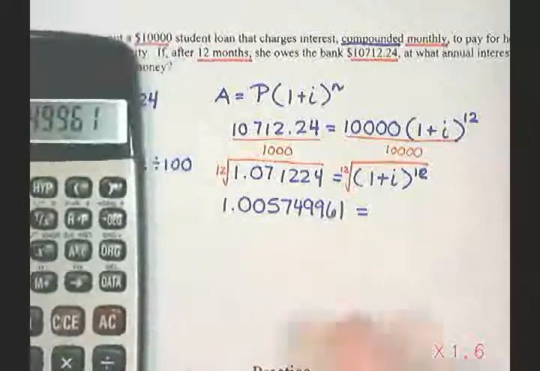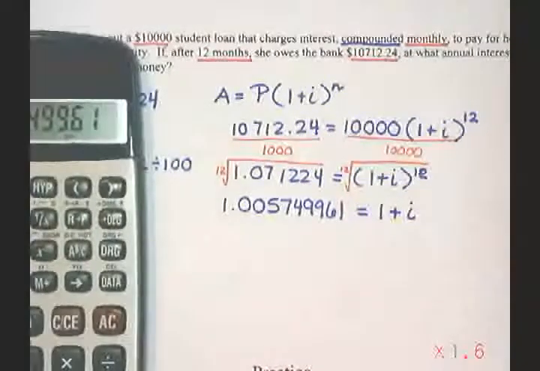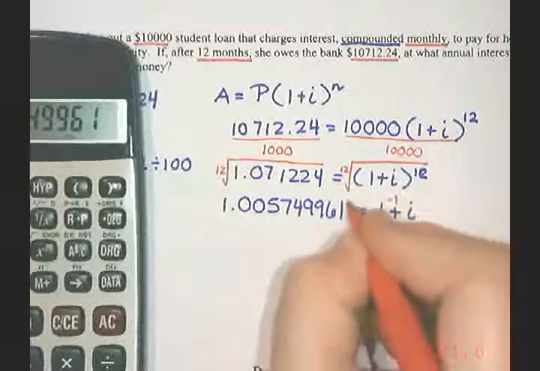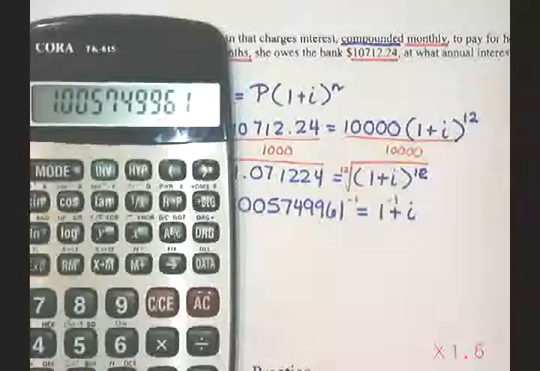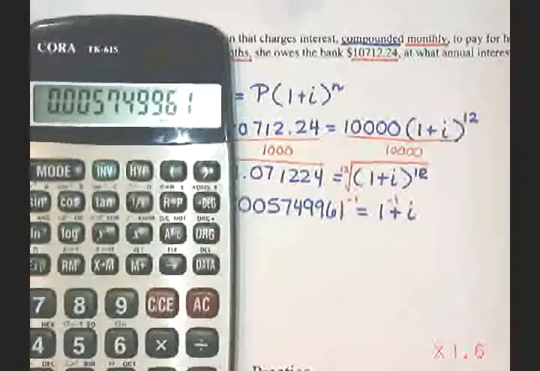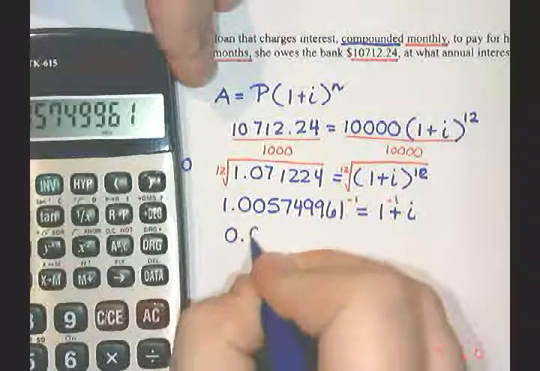And that's going to equal, the 12 is gone, so just 1 plus i. Now the last thing I need to do to get that i by itself is to subtract 1 from both sides. So if I subtract 1, I get 0.005749961. And I'm actually going to try to keep the whole thing there.